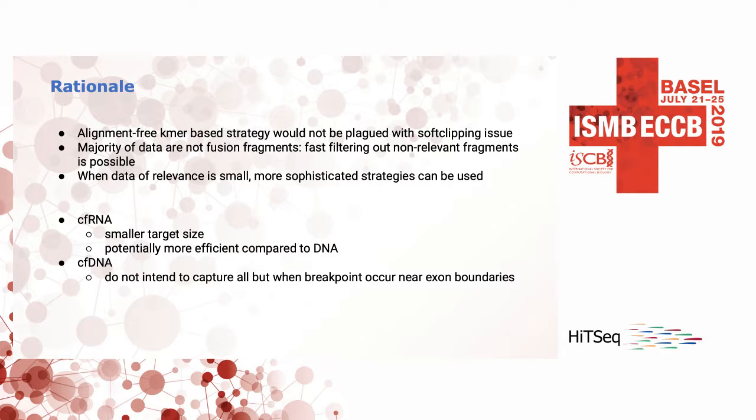Once you do that, you can use more sophisticated algorithms to further filter down to the biologically relevant events. There are two types of data. One is cfRNA, which we consider might be more appropriate to identify the fusion events, but the majority of the panels right now are based on cfDNA data, and over half the size of the panel is dedicated to fusions.